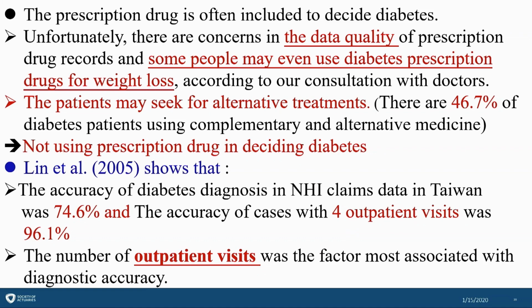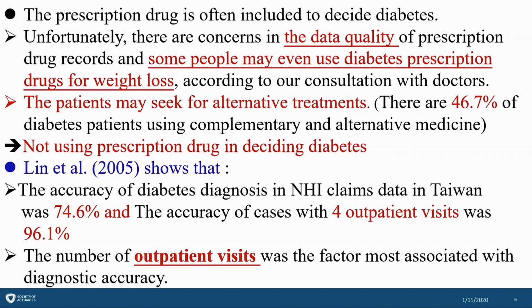And the patient may think of alternative treatment. There are 46.7% of diabetes patients using complementary and alternative medicine. So we don't use the prescription drugs in deciding diabetes.